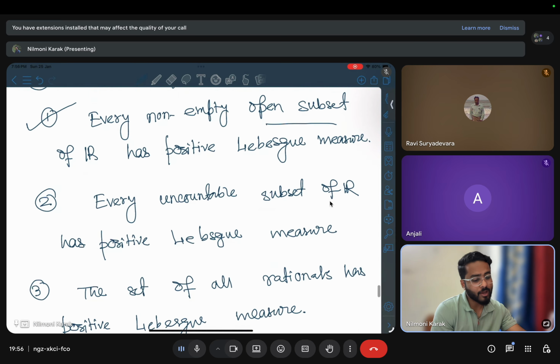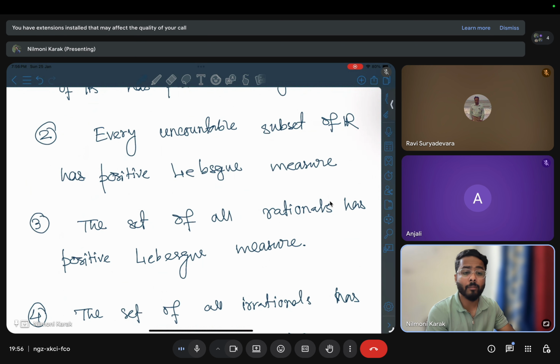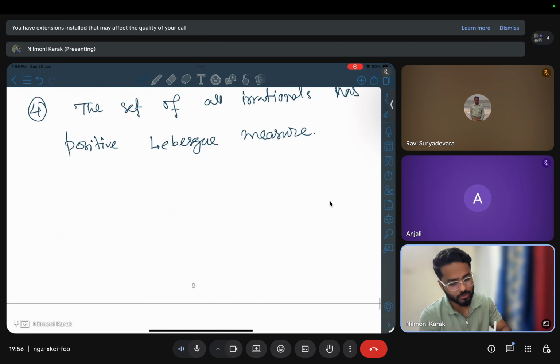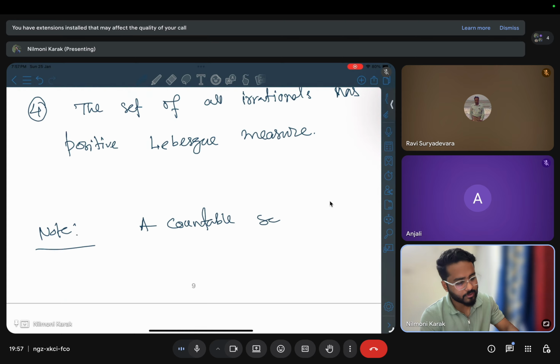And every uncountable subset of R has positive Lebesgue measure. Actually, R is what? Rational union irrational. Also one thing: a countable set has Lebesgue measure 0.